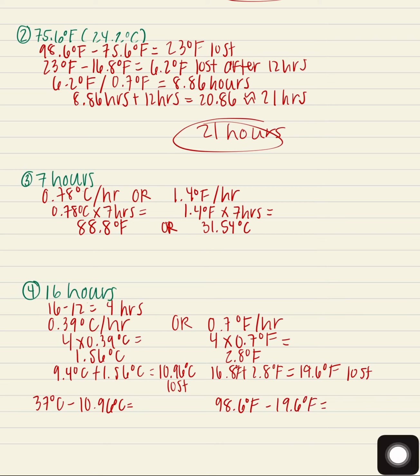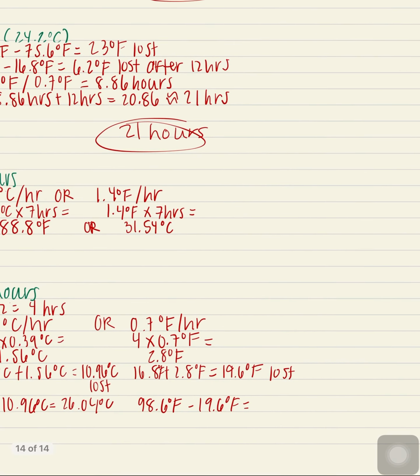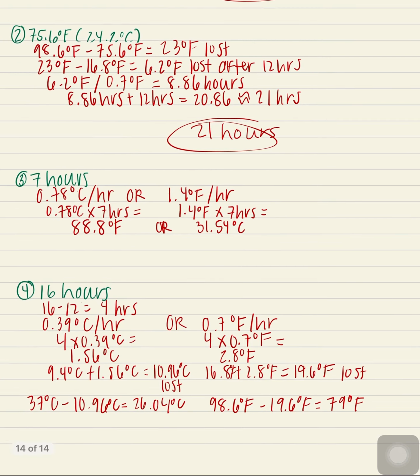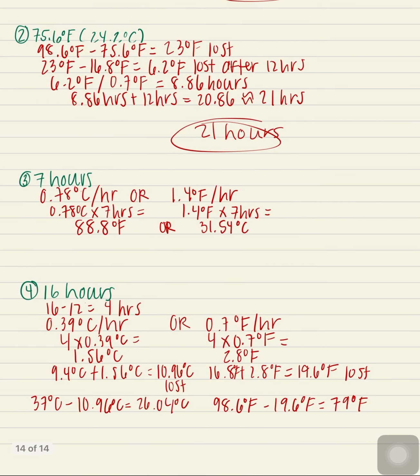And that's going to give us 26.04 degrees Celsius, or 79 degrees Fahrenheit. Okay, so these would be the temperatures we would get if we had measured them at the crime scene.